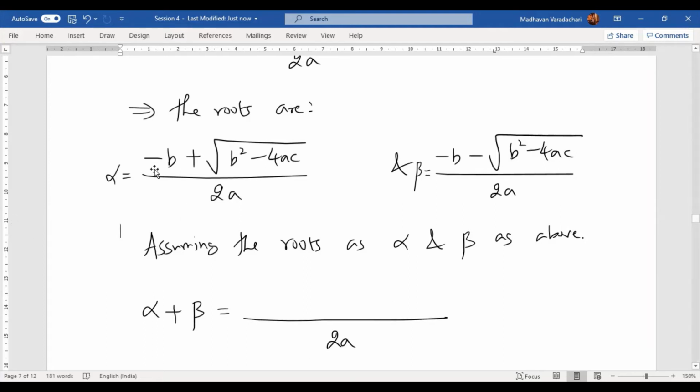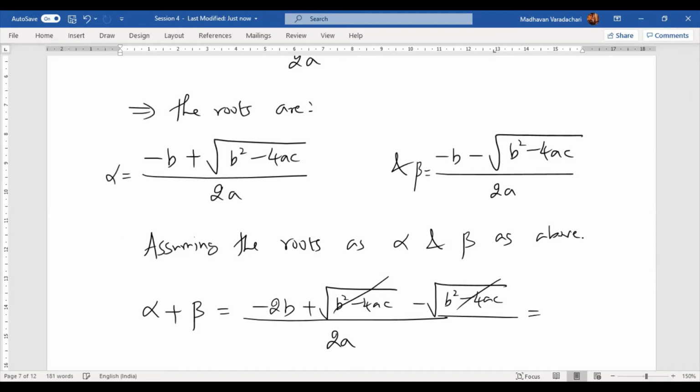Then if I add, what will happen? Minus b plus minus b becomes minus 2b. Here you may notice there is a plus root b square minus 4ac, and the other one has a minus root b square minus 4ac. So this and this get cancelled. You will be left with only minus 2b in the numerator and 2a in the denominator. 2 and 2 get cancelled, so you will get the result as minus b by a.